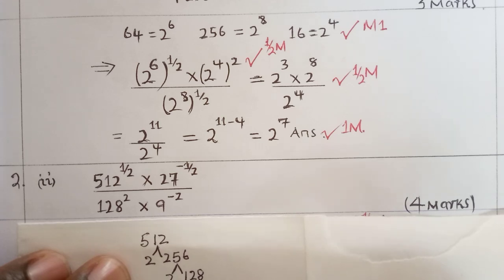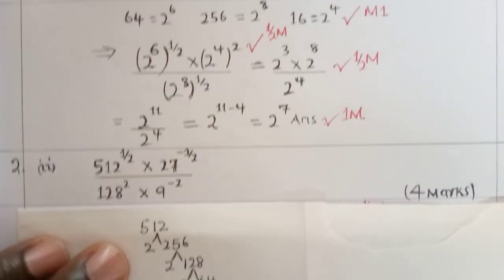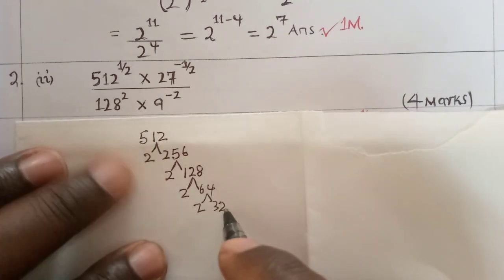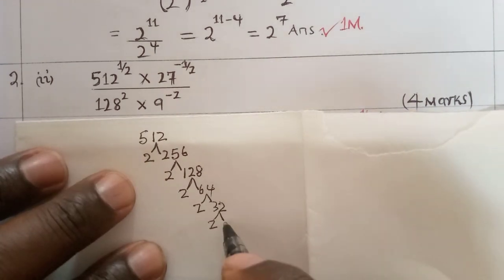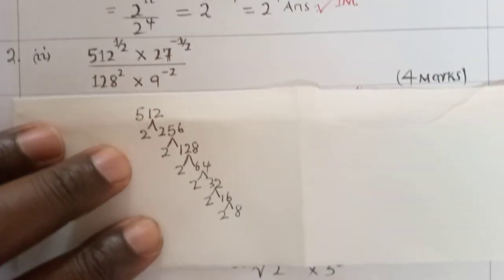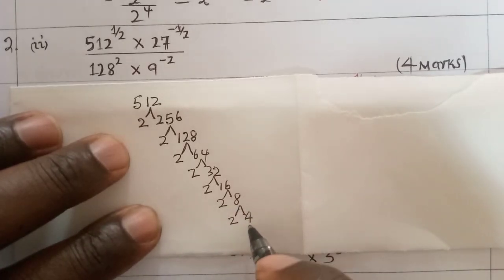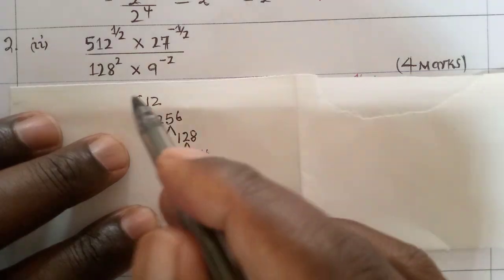You have 2, that 2. You have 2 there, that is 16. Then you have 2, you have 8. And then you have 2, that is 4. And then 2, 2. So that is for 512.